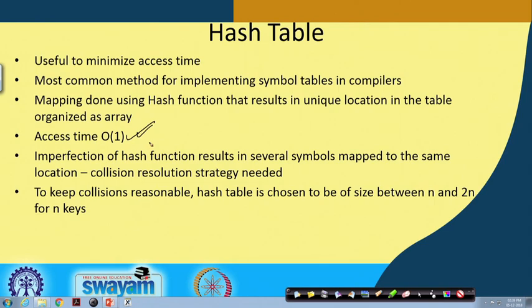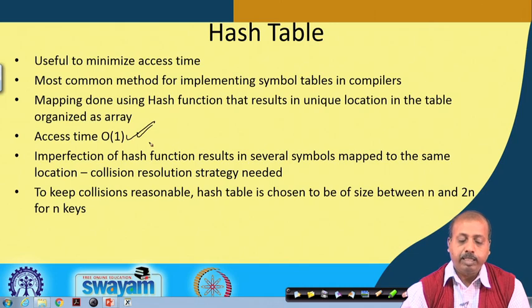that results in a unique location in the table organized as an array. There you can think about different hash functions. If the entries that you are going to put are integers, then we can have, say, a hash function like the mod function.